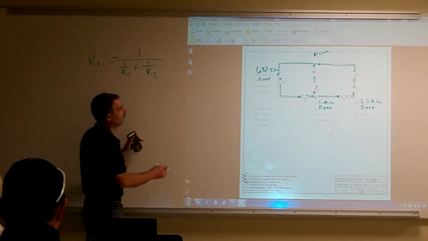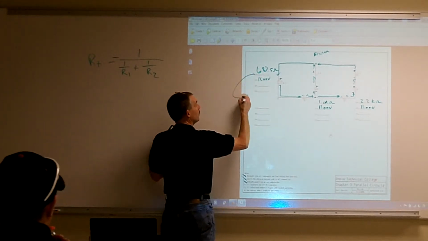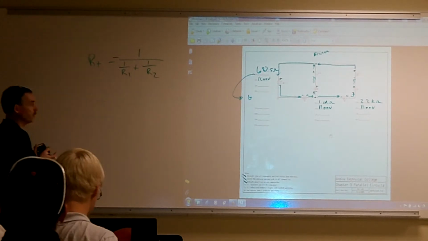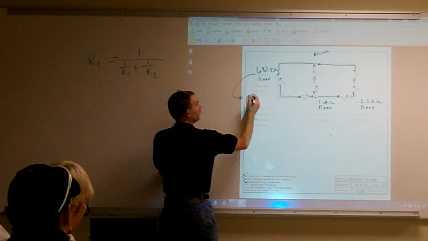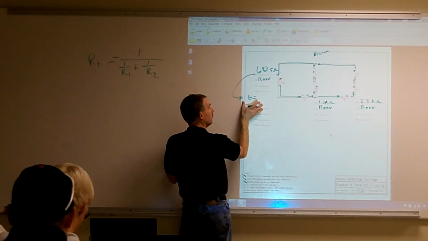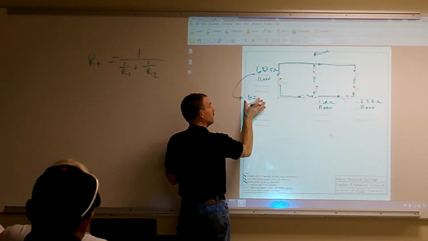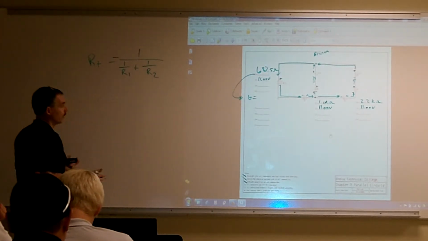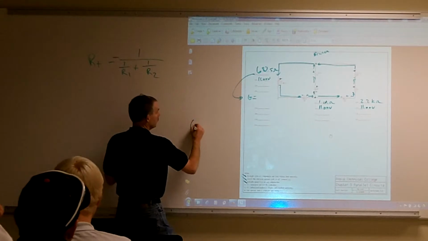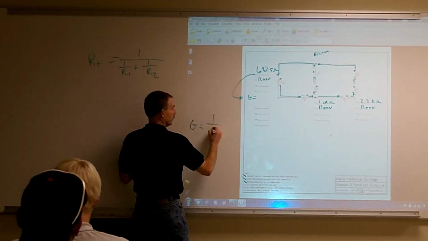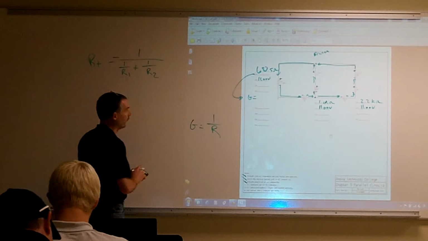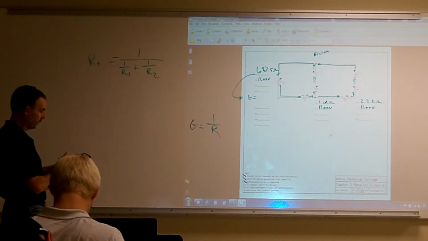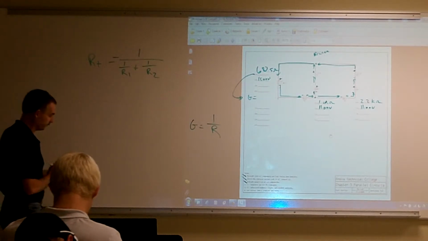This actually becomes more conductive. Remember I said that we're going to come back to this one. So my circuit becomes more conductive, and that's the representation of my G. My circuit becomes more conductive as I add more resistance to it. To figure out your conductance, the conductance is just equal to 1 over R. So if I wanted to find out what the conductance of the circuit is, I just take my 687.5 and hit my inverse key.